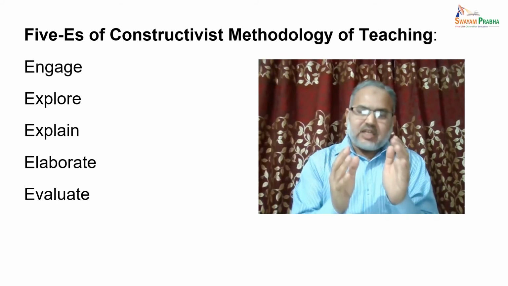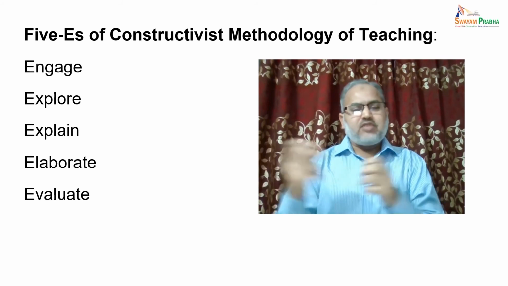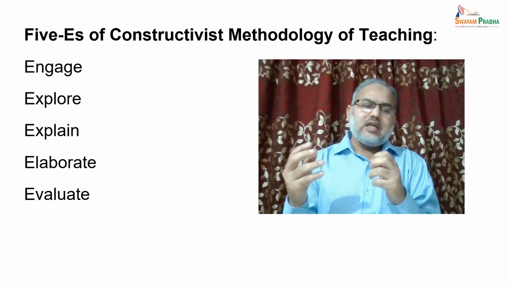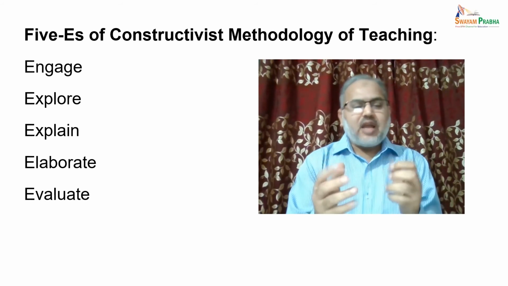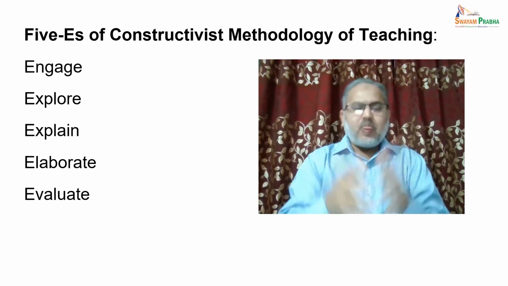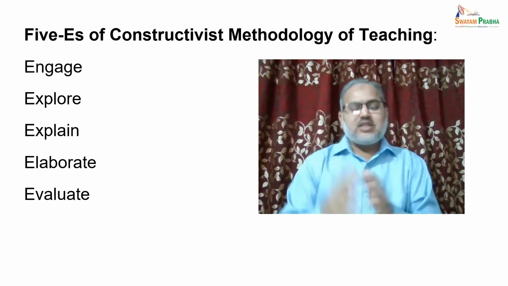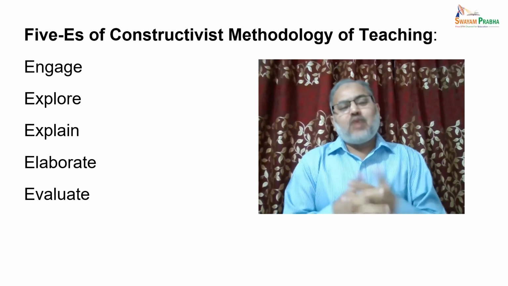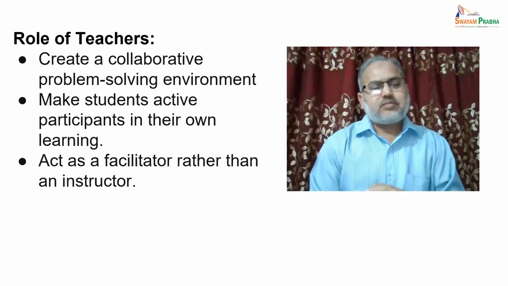So whatever content they have learned, they are supposed to integrate with their social life, with their family life, and with their culture, so that the teacher may understand that yes, the students have learned. And the fifth one is evaluation. The students are supposed to evaluate their own learning. At the same time, teachers are supposed to evaluate the learning of the learners, as well as evaluate himself or herself, to what extent they have performed in the classroom teaching learning process.